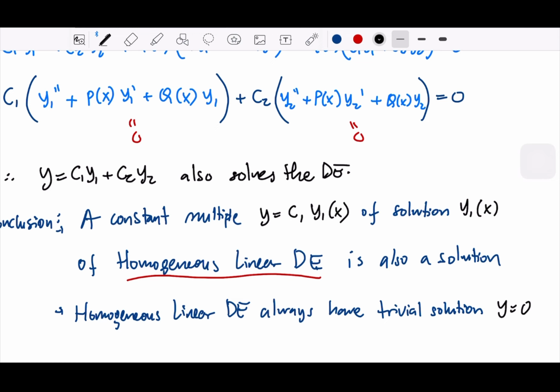Now we are still talking about linear differential equations. And we already said that when we multiply with a constant, it is also a solution. So we are going to see what we call linear dependency.